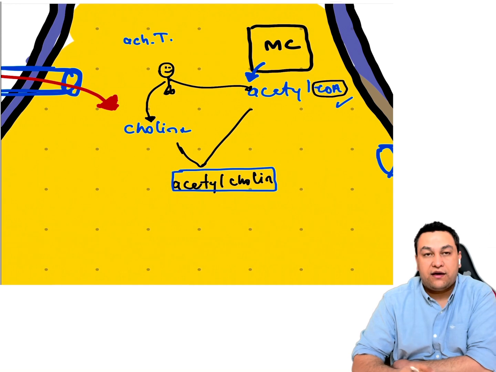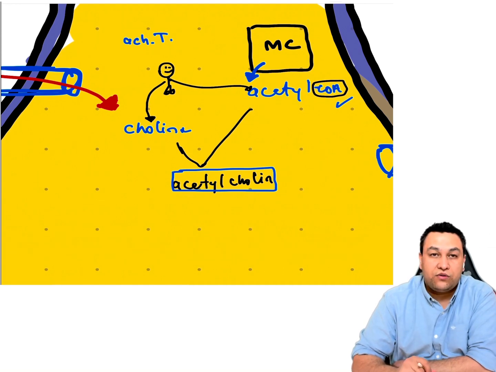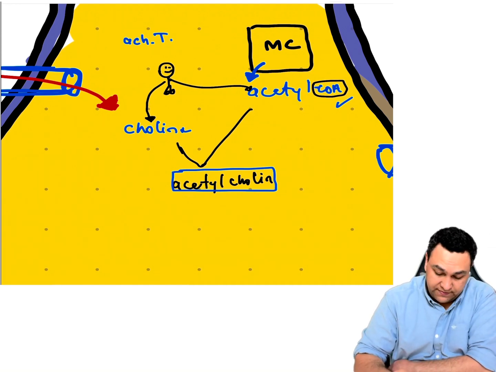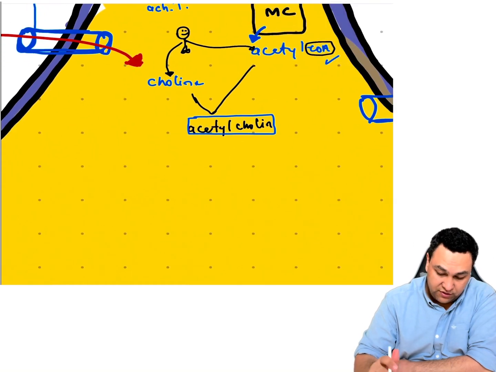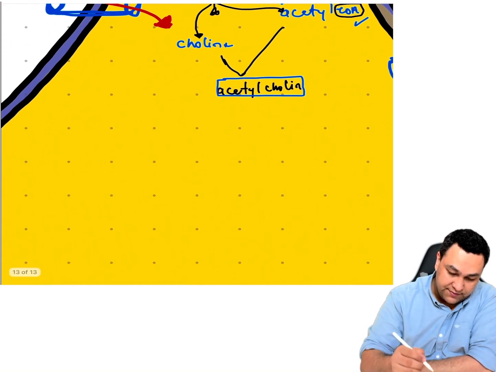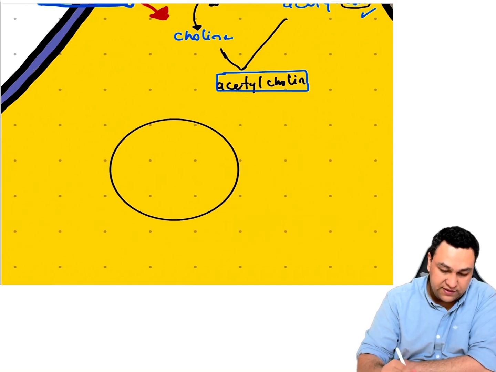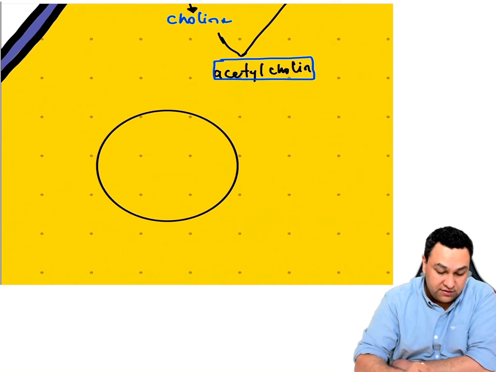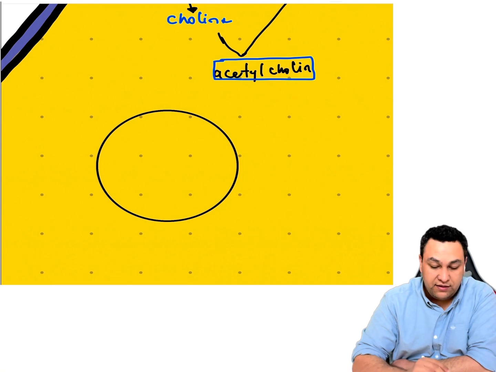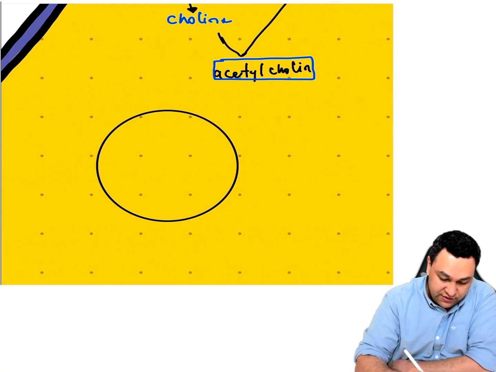Now let's move on and see how the acetylcholine could be stored. For storage of acetylcholine, we need some special types of vesicles. So this is a very special vesicle for storage of the acetylcholine. Now on the surface of these vesicles, there are very special transporters.